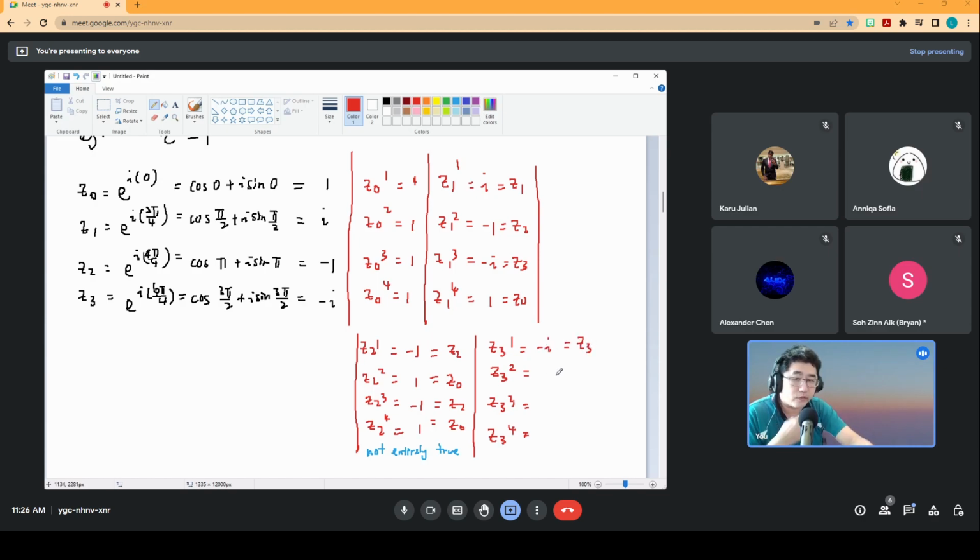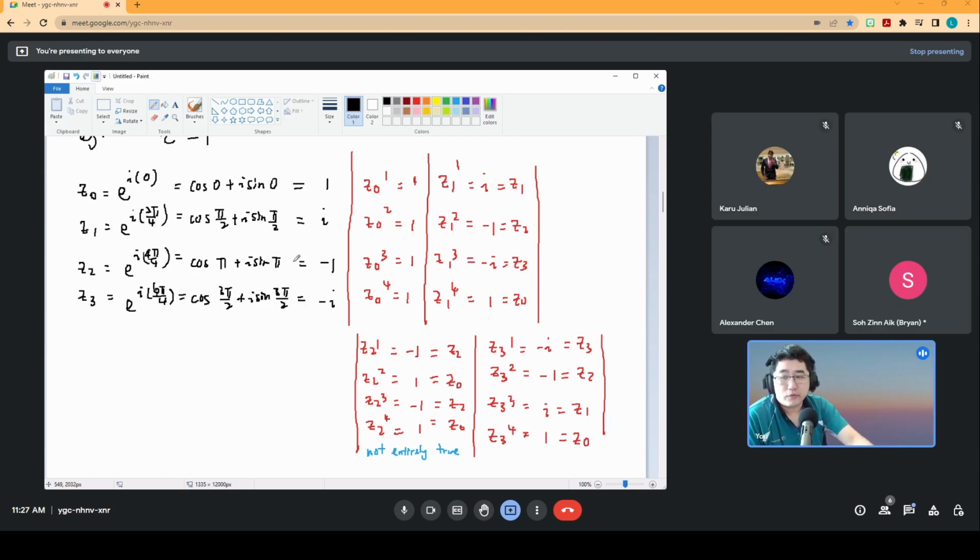But Z3 power 2 is negative 1, which is actually Z2. What about Z3 power 3? It is i, so this one gives me Z1. Z3 power 4, of course, equals 1.